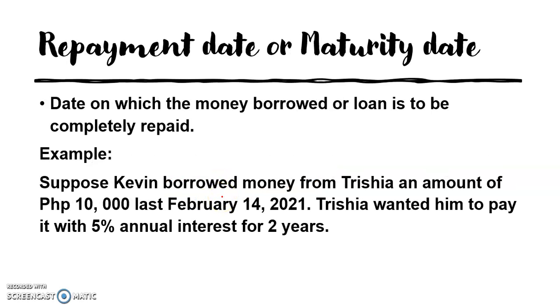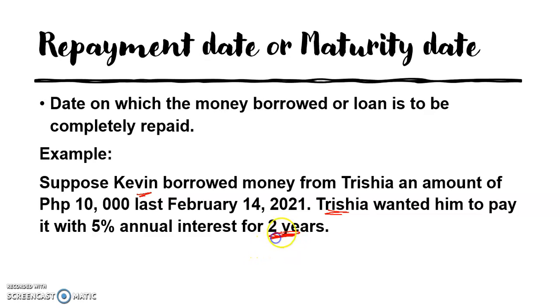Next is the repayment date or the maturity date. Date on which the money borrowed or loan is to be completely repaid. So, in this example, ang binigay na palugit ni Tricia kay Kevin is 2 years.